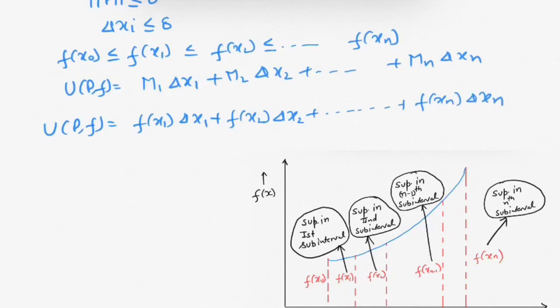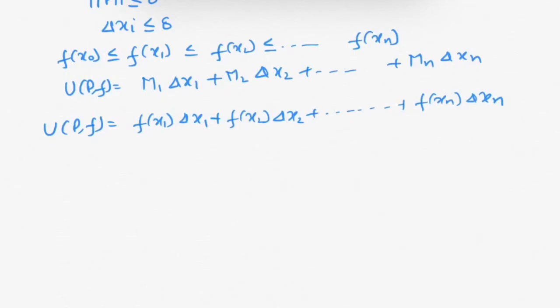Okay, now let us find the lower Riemann sum L(P,f). So L(P,f) equals small m1 delta x1 plus small m2 delta x2 and so on, small mn delta xn.